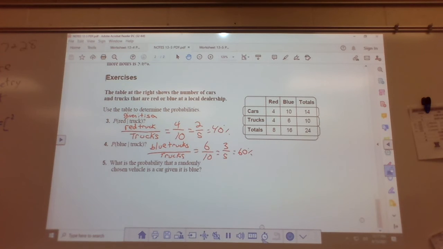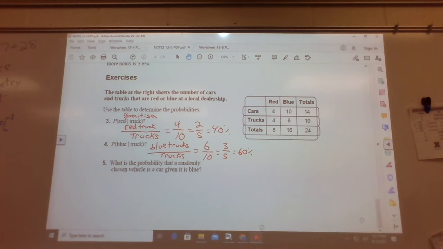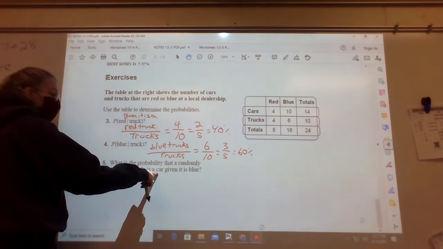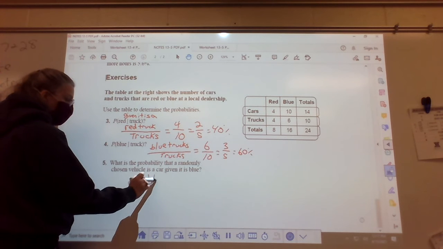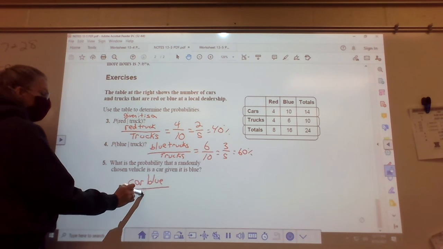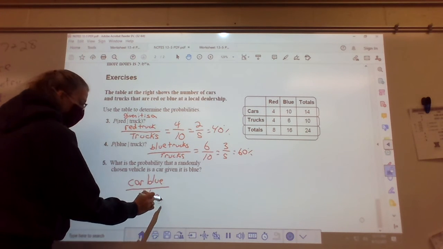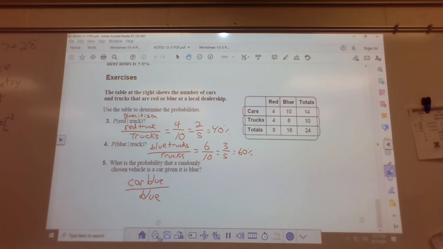Number 5, what's the probability that a randomly chosen vehicle is a car given it is blue? So instead of putting that little line there, they kind of wrote it all out. But it's still the same way. It's car blue out of the blues. So car blue, how many car blues are there? 10.